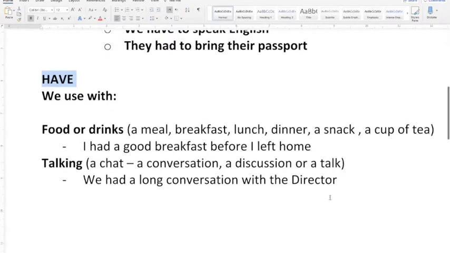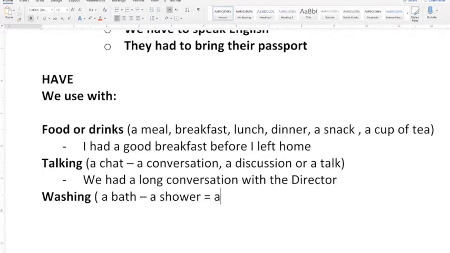There's a third use as well. We normally use the lexical verb have in order to talk about washing. For example, if you want to have a bath, have a shower, have a wash, or have a scrub. How can we make an example by using have?